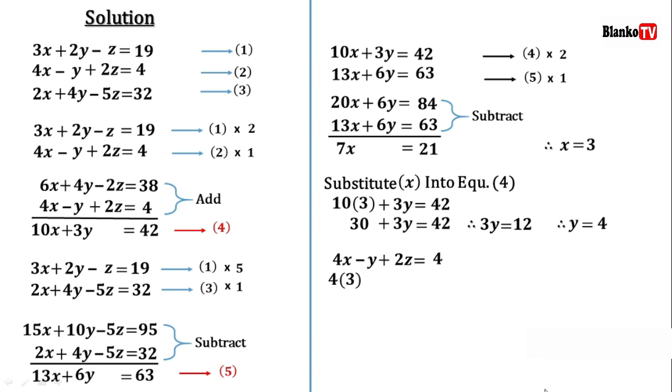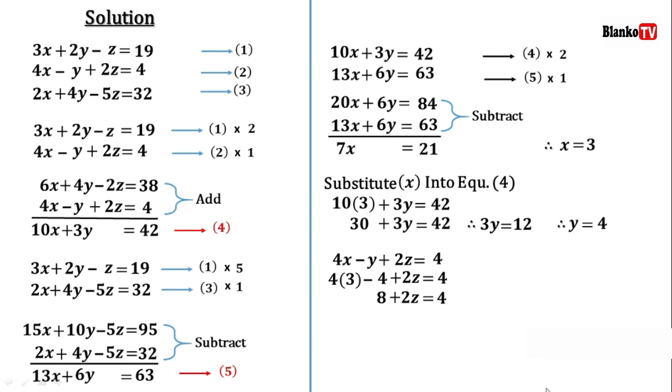So we have 4 multiplied by 3 minus 4 plus 2z equals 4, which is 8 plus 2z equals 4.